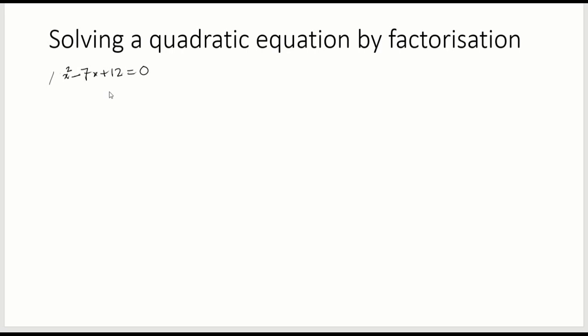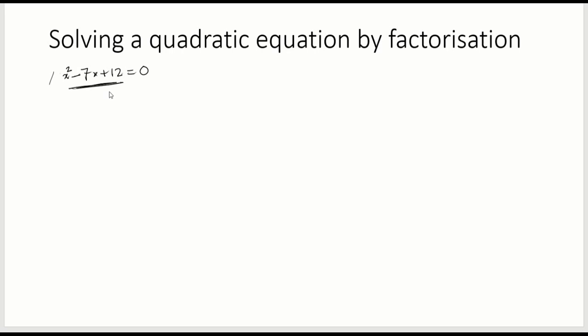We are trying to solve a quadratic equation. By solve I mean we are trying to find the value of x for which this equation holds true, like the LHS will be equal to RHS, and we will do it through the method of factorization. So what is our objective? Let's see that.